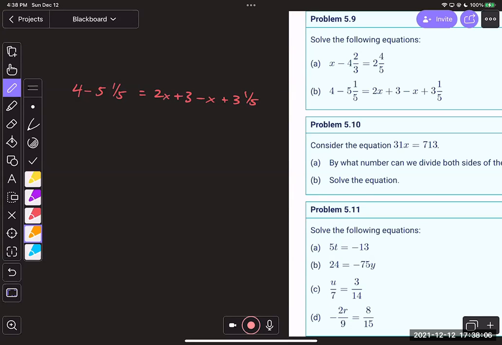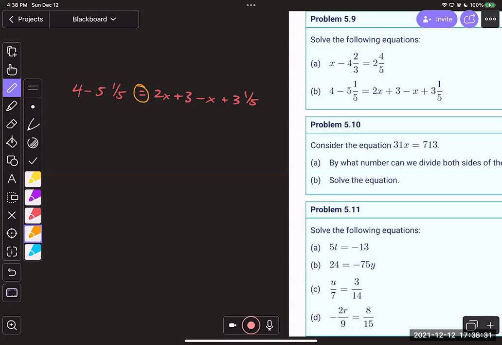What did we want in that last question? Any ideas? X on only one side of the equal sign. Yeah, on one side of the equal sign, you want x to be alone.